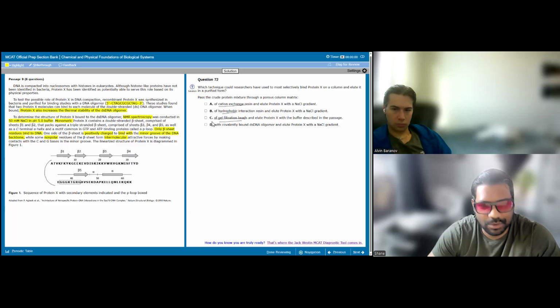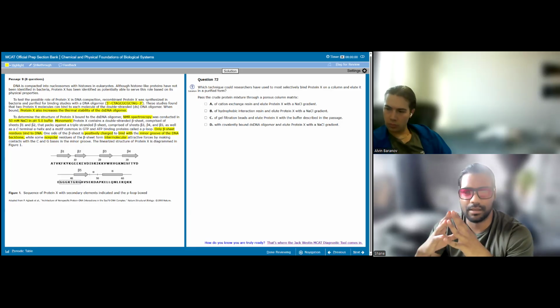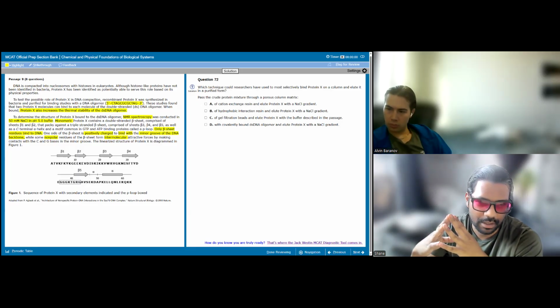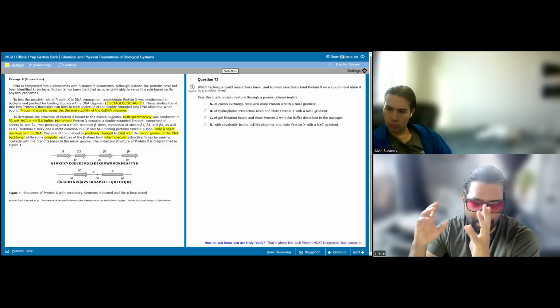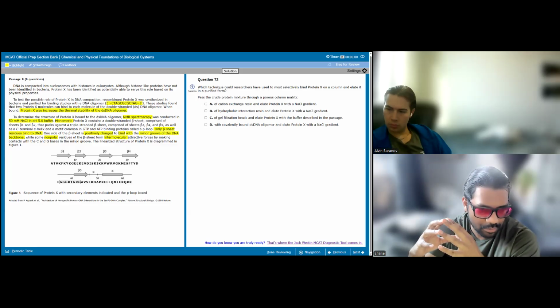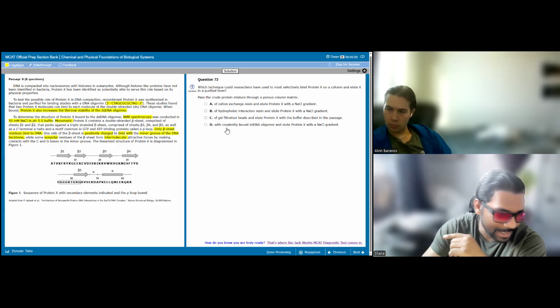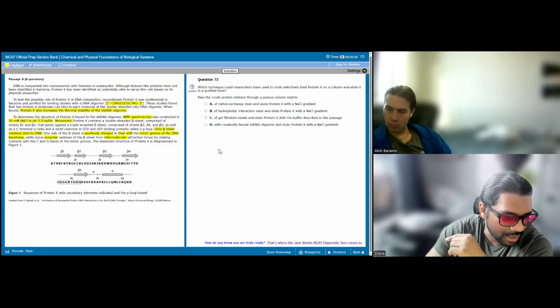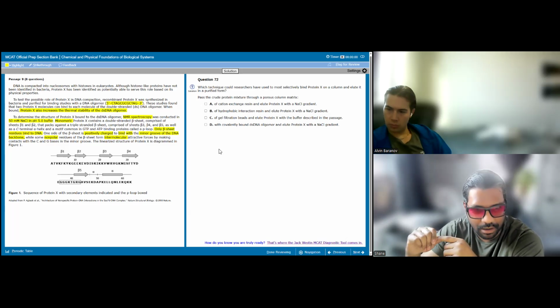But I think they said it was covalently bound DNA oligomer and a loop protein. Oh yeah, that'll work because they say that protein X binds the double-stranded DNA oligomer, right?